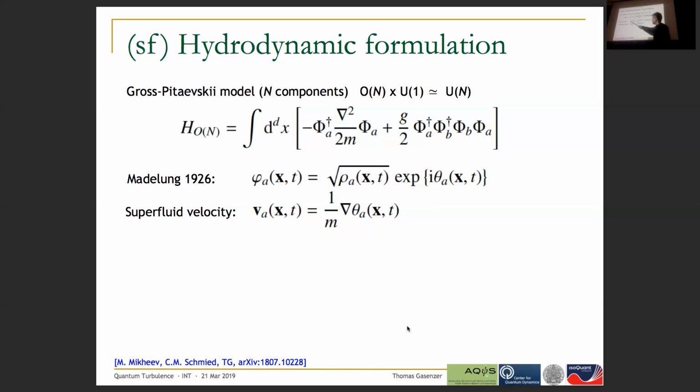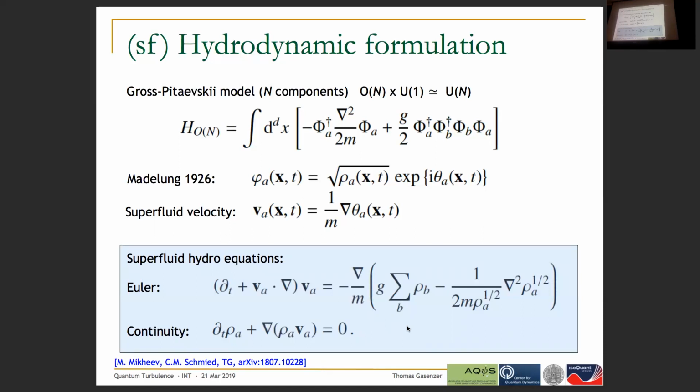Here I write it down for the classical field by density, so the modulus, the square root of the density, times phase. So I go essentially to center coordinates, where I know that the velocity field is the gradient of this phase angle here in the exponent. That's the typical Madelung, or cylindrical, circular condensate coordinate transformation.